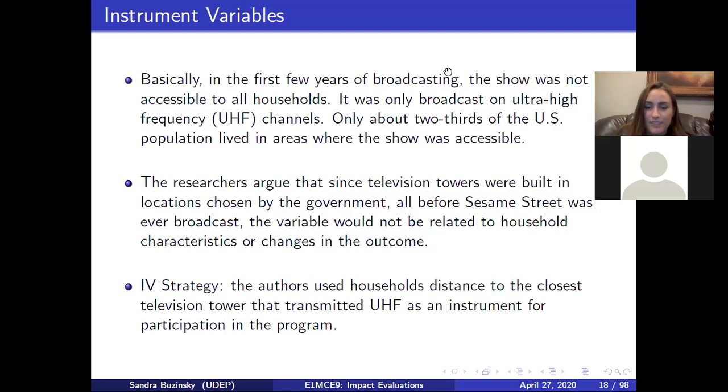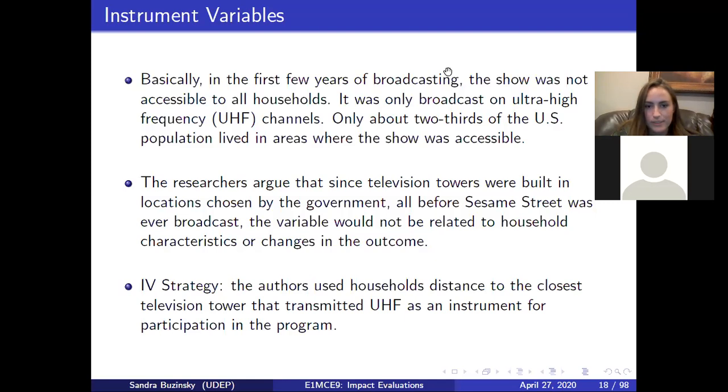I don't know how accessible the show was. By the end it became pretty free, available on free channels, but at the beginning it was pretty exclusive, I guess.